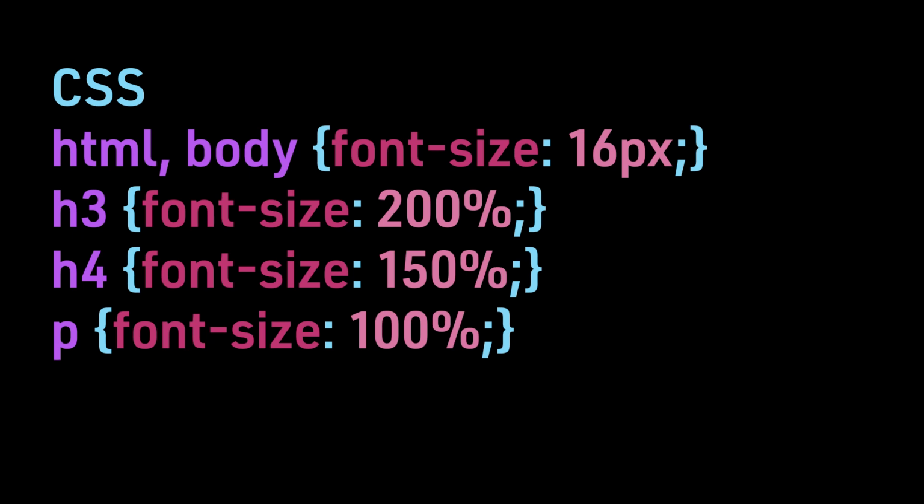An H3 heading is set to 200%, an H4 heading is set to 150%, and paragraph text is set to a font size of 100%. If we don't specify the font size of the section, it will inherit the font size of 16 pixels from the body element. This shows how this would look.